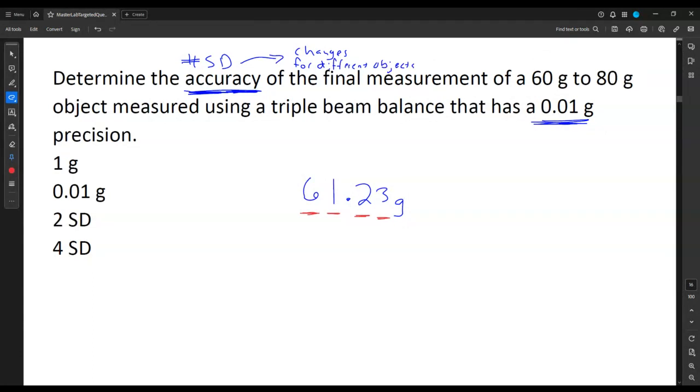So 1, 2, 3, 4. If I had something really heavy, then it would have had more numbers in front, and that would have made the accuracy technically go up from this. We would have more significant digits overall. So for accuracy, technically the units don't matter, but we just needed that to talk about what kind of measurement this might have been. So accuracy, total number of significant digits, 1, 2, 3, 4.